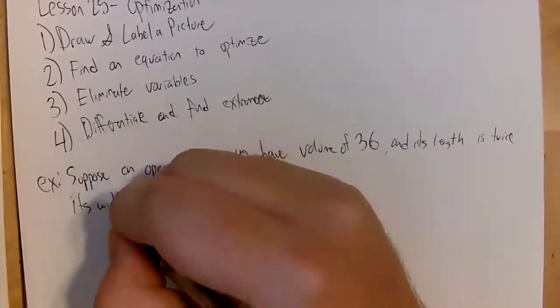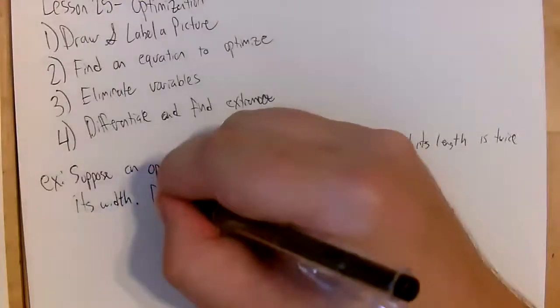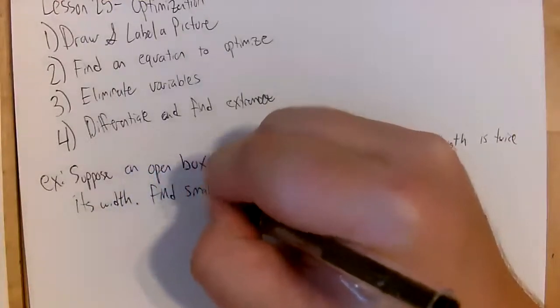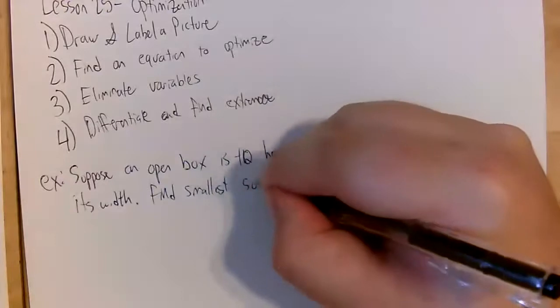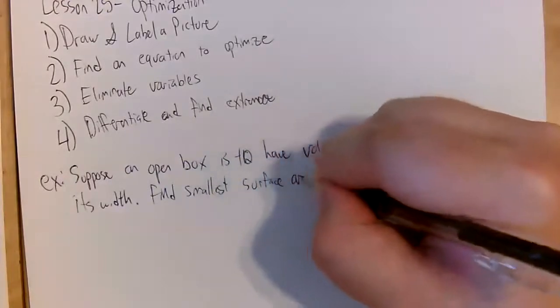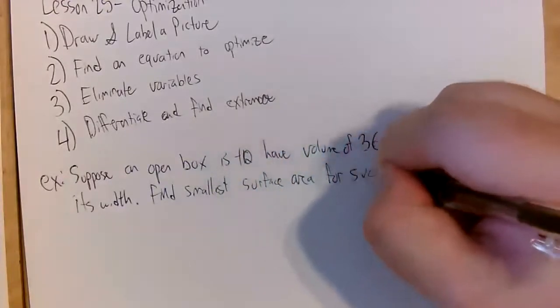So these are the conditions we need for the box. Find the smallest surface area for such a box.